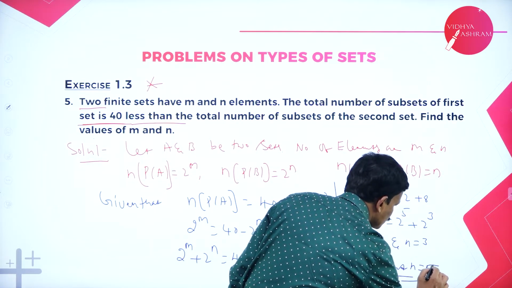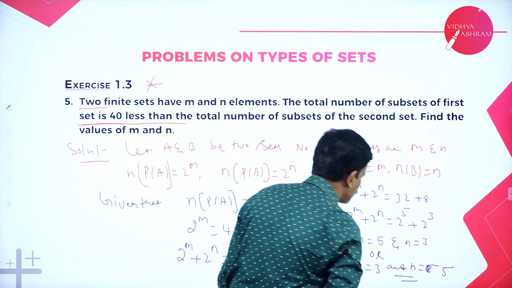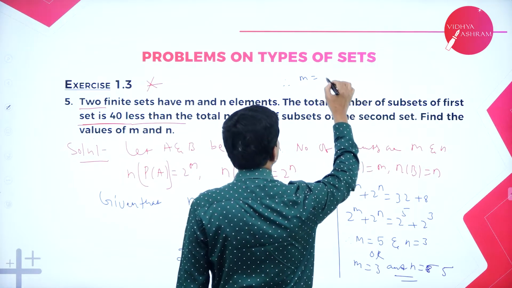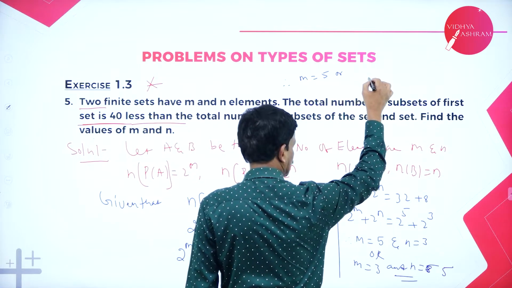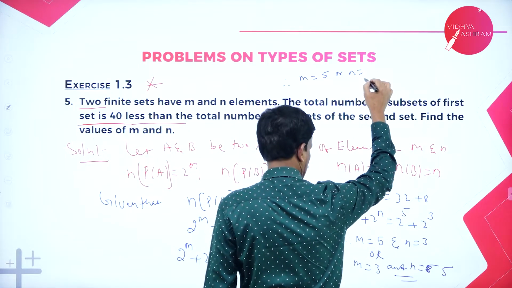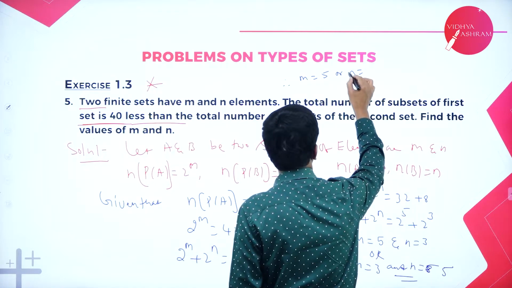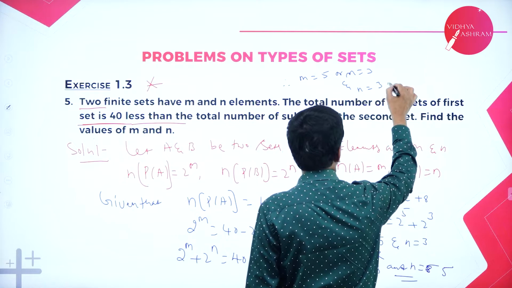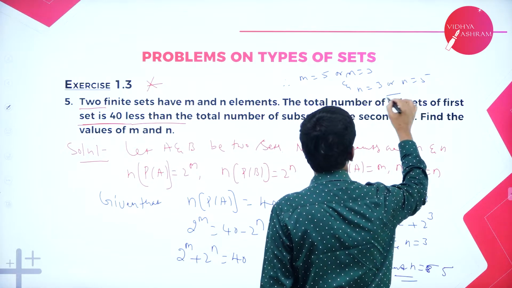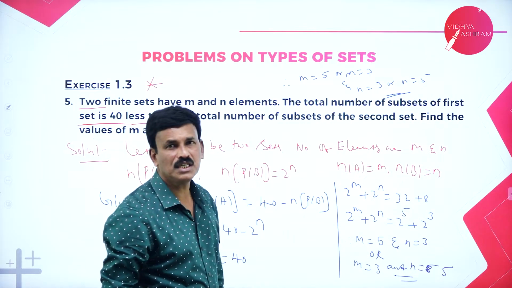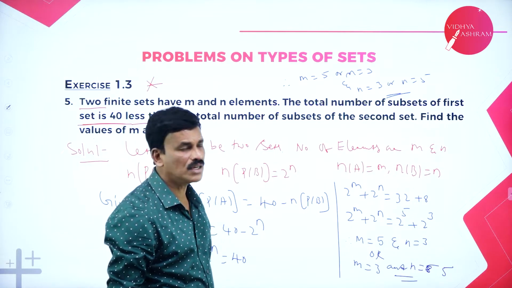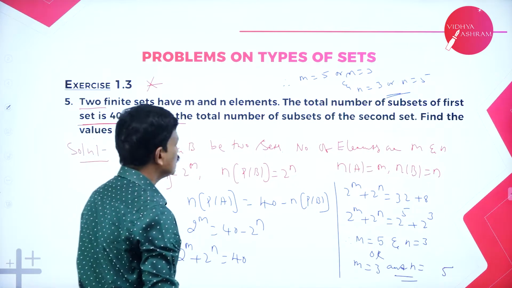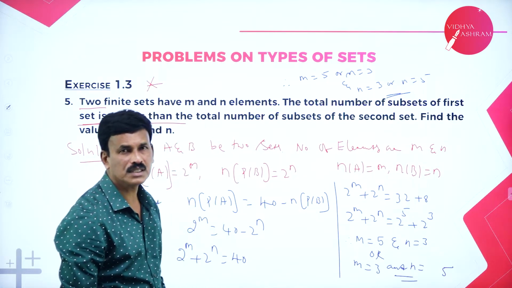So, therefore, we can write m is equal to 5 and n is equal to 3, or m is equal to 3 and n is equal to 5. So, 3 and 5 or 5 and 3 are the values of m and n. That's it. Okay. Hope you followed this. This is the actual answer for the given problem.